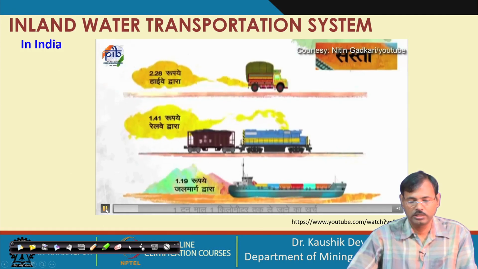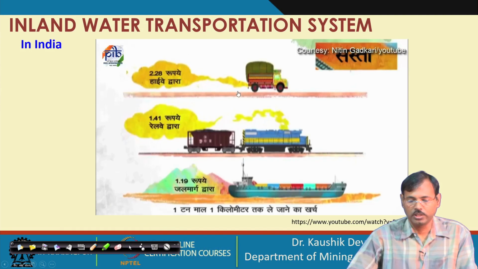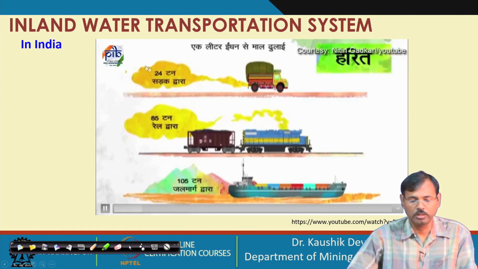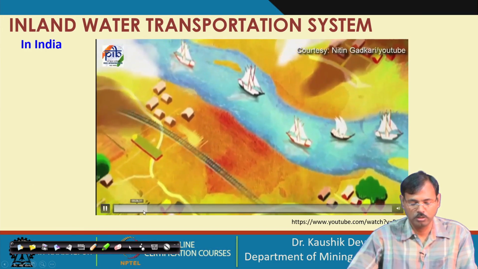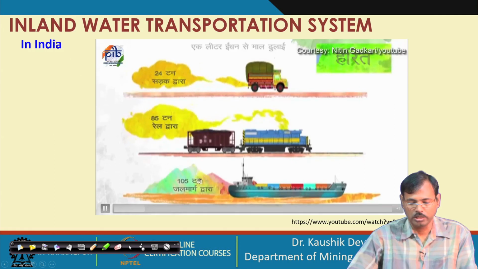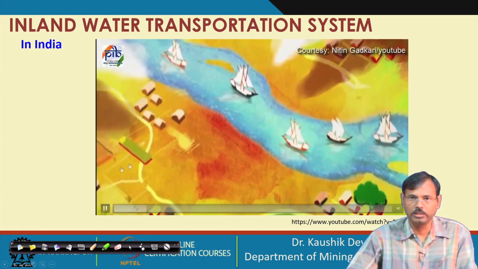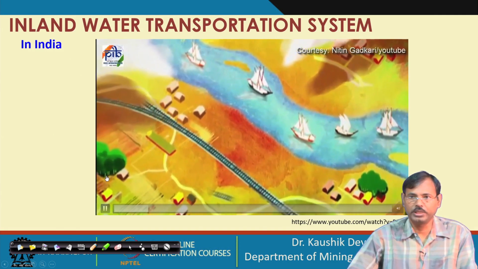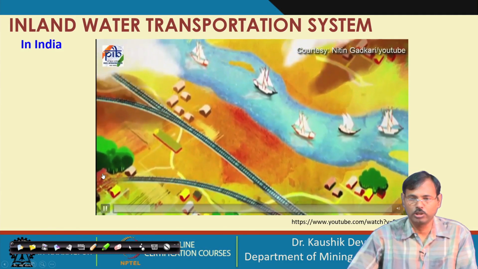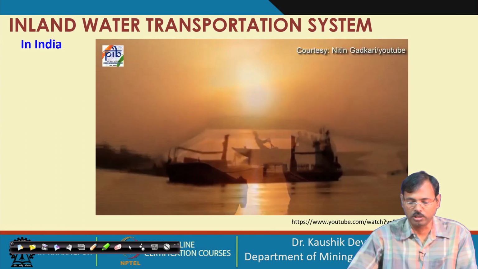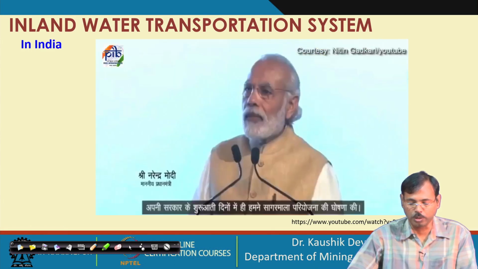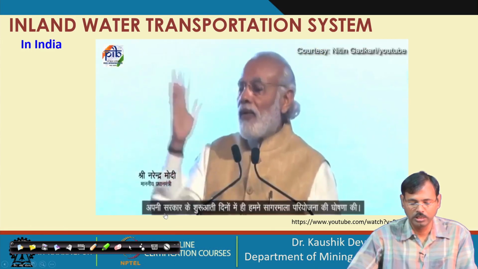And this can be seen: a truck can take in and around 24 ton, a single rail rake carries around 85 ton, and 105 ton can be carried by the waterway because of the buoyancy, the actual load propelled by the ship is not that significant.